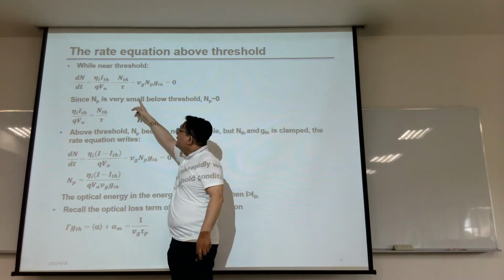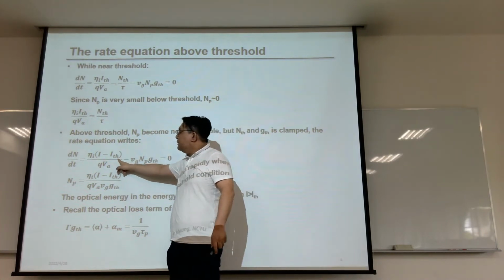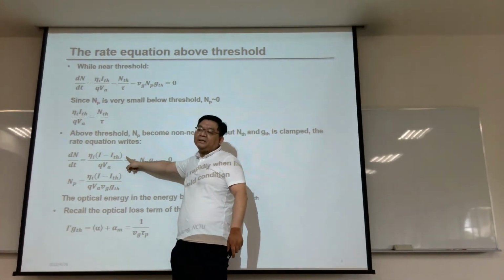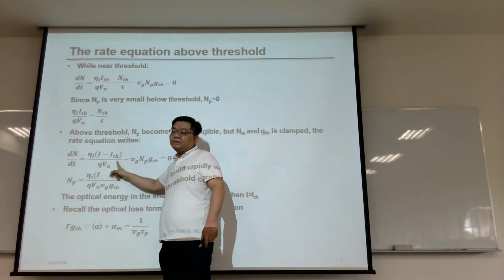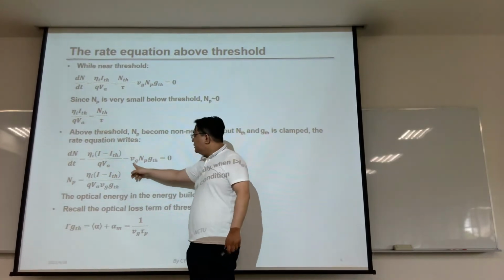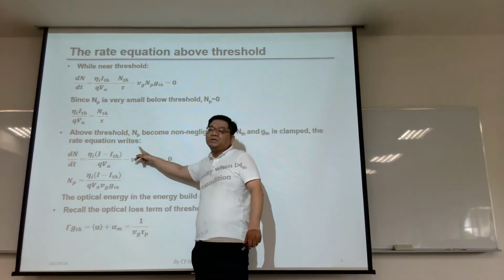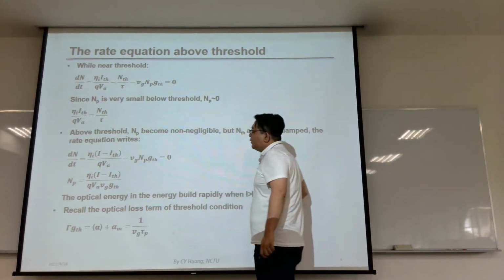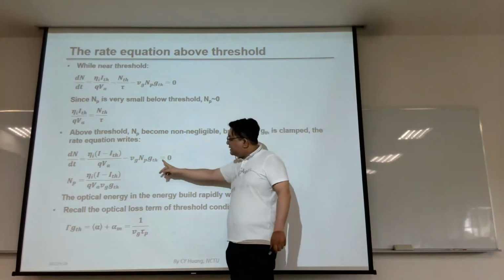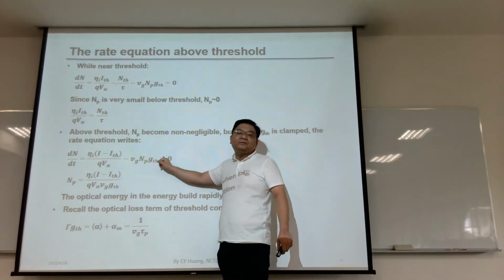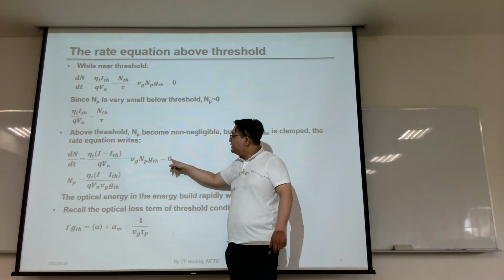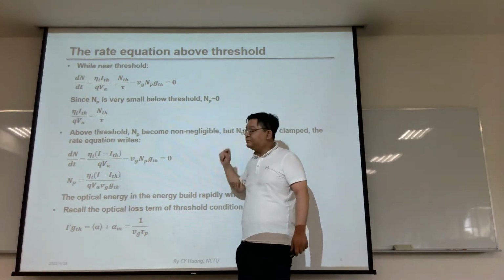So the N_TH divided by tau can be reduced to the minus I_TH in the first bracket. Then the stimulated emission term remains. Alright, and after lasing it is still in steady state, so dN over dt should be 0.